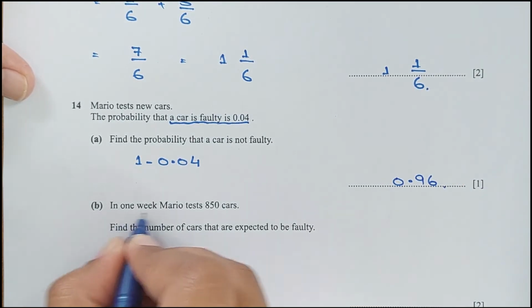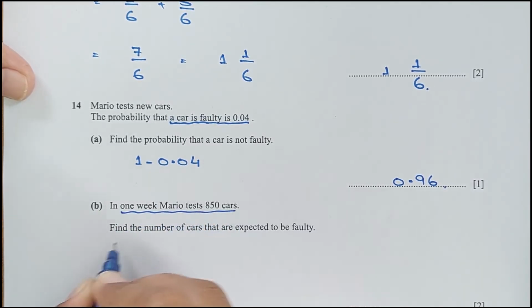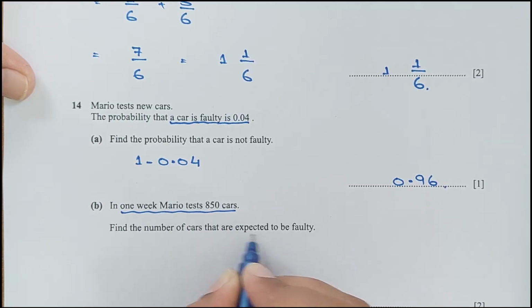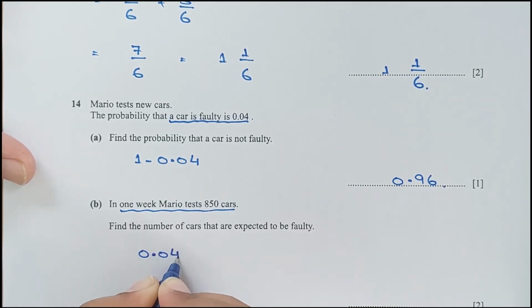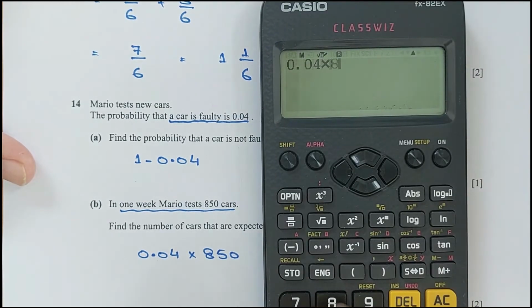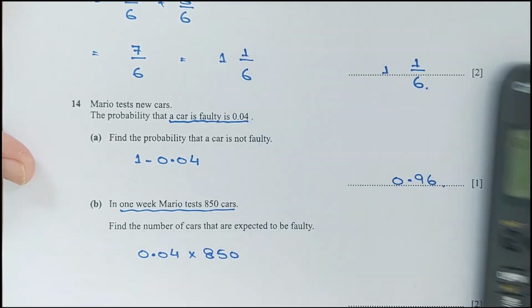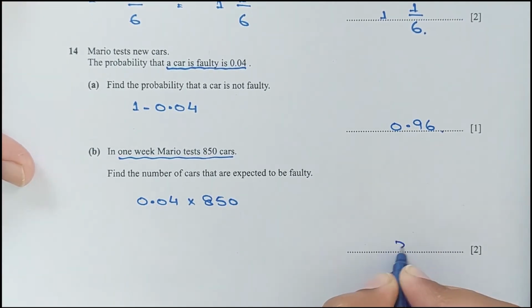Part B, in 1 week, Mario tests 850 cars. Find the number of cars that are expected to be faulty. So faulty is 0.04 times the total cars, 850. 0.04 times 850 is 34. So the number of cars that are expected to be faulty is 34 cars.